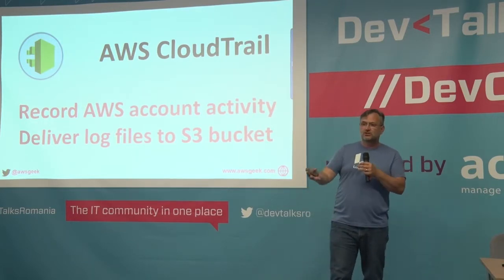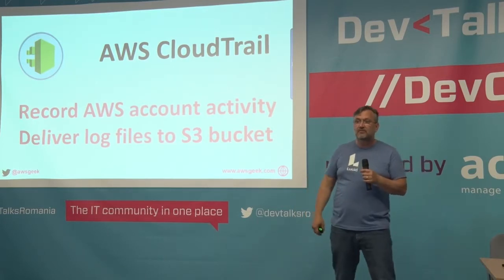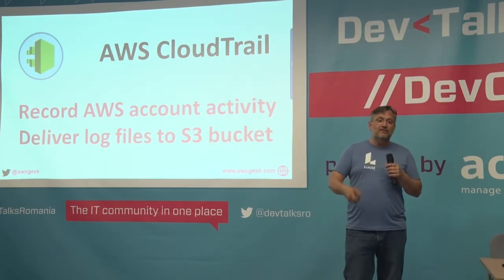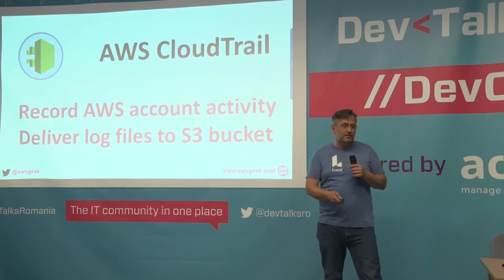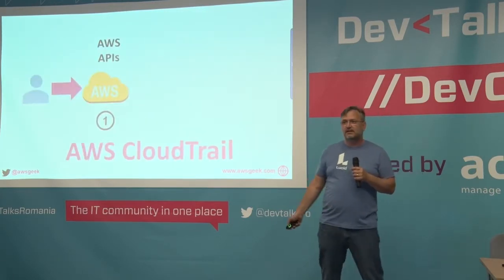So launching an EC2 instance ends up being a RunInstances API call. With CloudTrail, you can capture all of those events and deliver them to an S3 bucket.